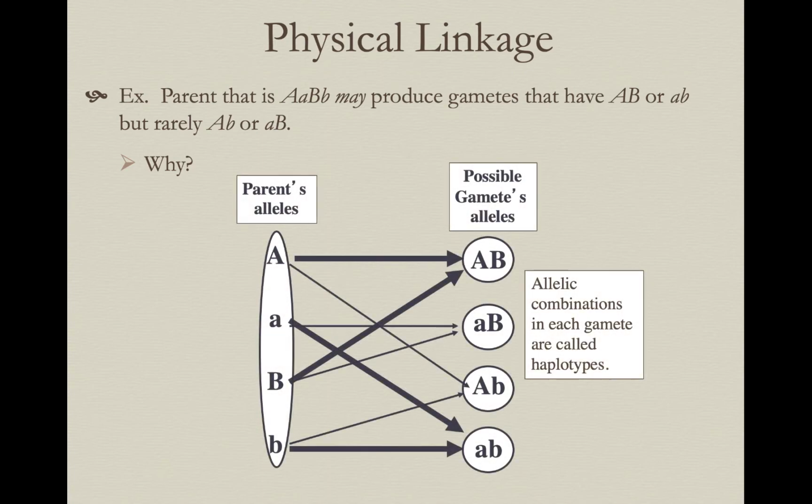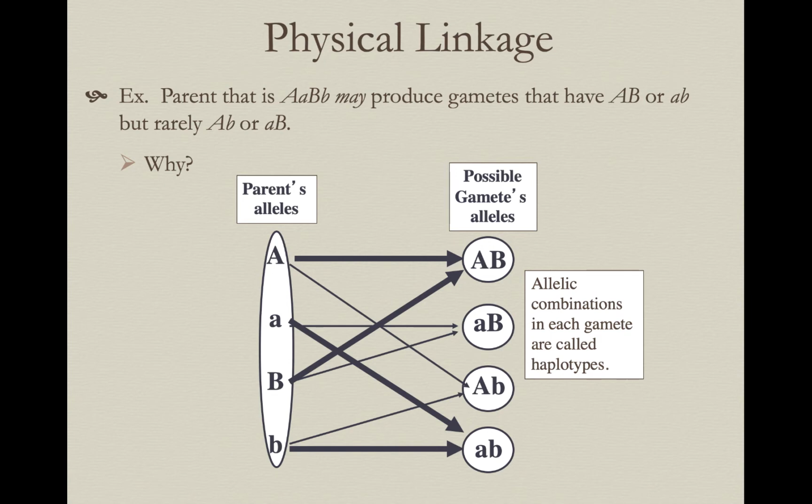Graphically, this is what I'm saying. There are the possibilities of making all four of these combinations, but the boldness of these lines indicates the ones that they're more likely to be producing. Now, when we talk about allelic combinations in gametes, we are going to call these haplotypes. The reason for this is it's the haploid component, because remember, gametes are haploid in diploid species where the somatic tissue cells have two copies of each chromosome.